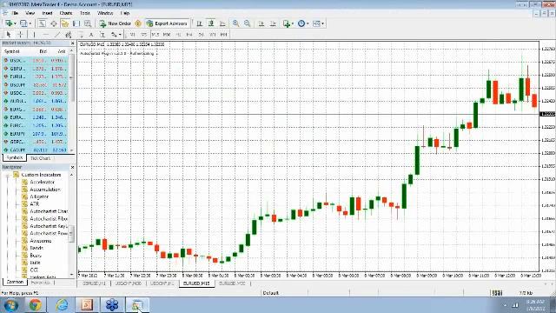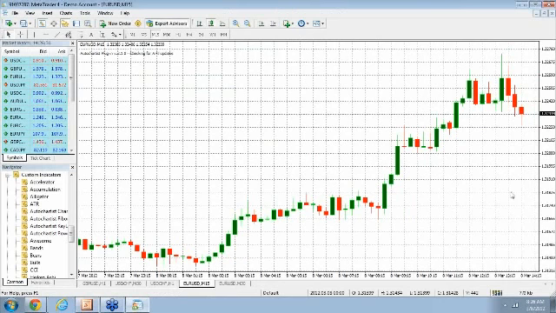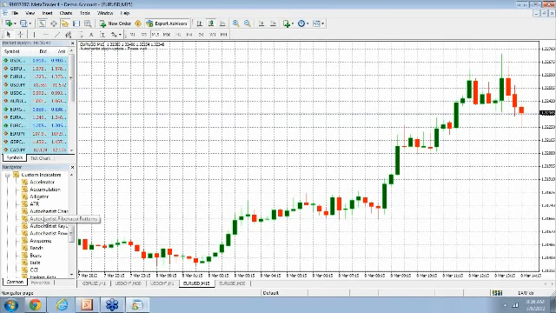Okay, on an MT4 platform, what you want to do is, of course, make sure you have the plugin first. Then after you get the plugin, make sure that inside the custom indicators, Auto Chartist Chart Patterns, Auto Chartist Fibonacci, Auto Chartist Key Levels, and Power Stats all show up.